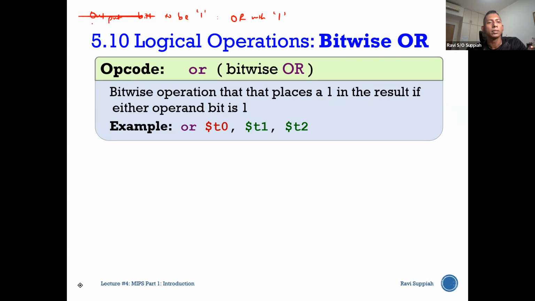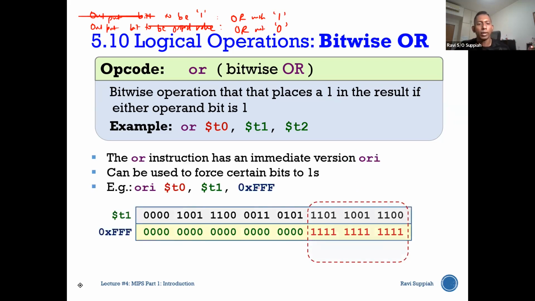If I want the output bit to be the original value, then I OR with 0. Let me show you an example. If you look back at your OR truth table, when I OR with the 1, the output will automatically become 1. When I OR with the 0, I retain the original value, nothing changes.